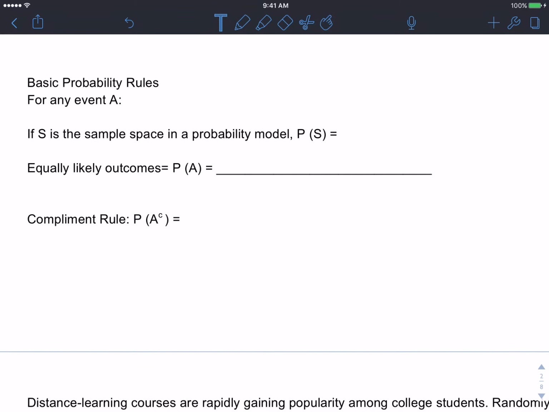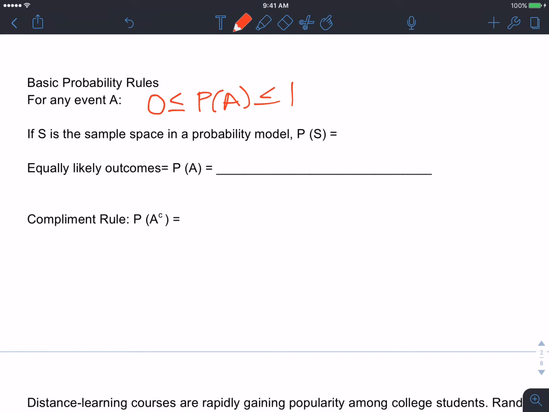Some basic probability rules. For any event A, the probability has to be in between 0 and 1. When people say there's a probability of 1.1 of winning, or 110%, well, mathematically it's just not true or accurate.